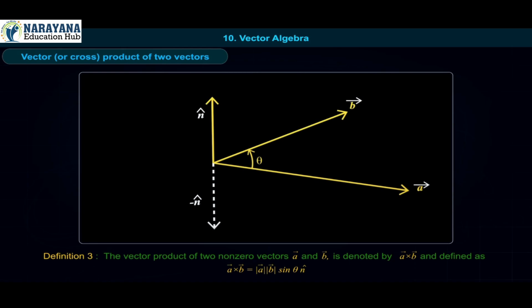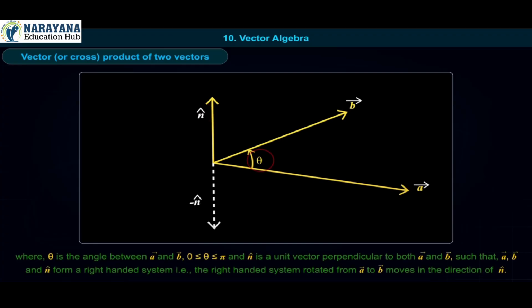Definition 3. The vector product of two non-zero vectors, vector A and vector B, is denoted by vector A cross vector B and defined as vector A cross vector B is equal to modulus of vector A into modulus of vector B sin theta n cap, where theta is the angle between vector A and vector B, 0 is less than or equal to theta is less than or equal to pi, and n cap is a unit vector perpendicular to both vector A and vector B, such that vector A, vector B and n cap form a right-handed system.